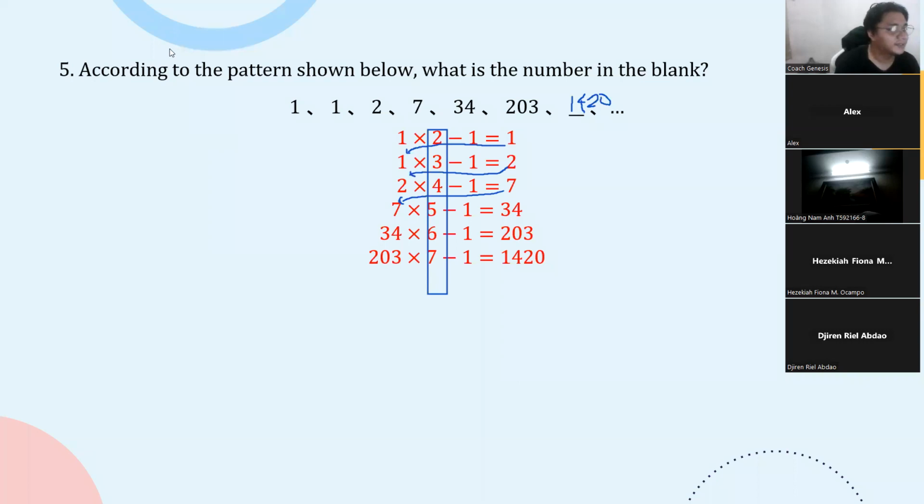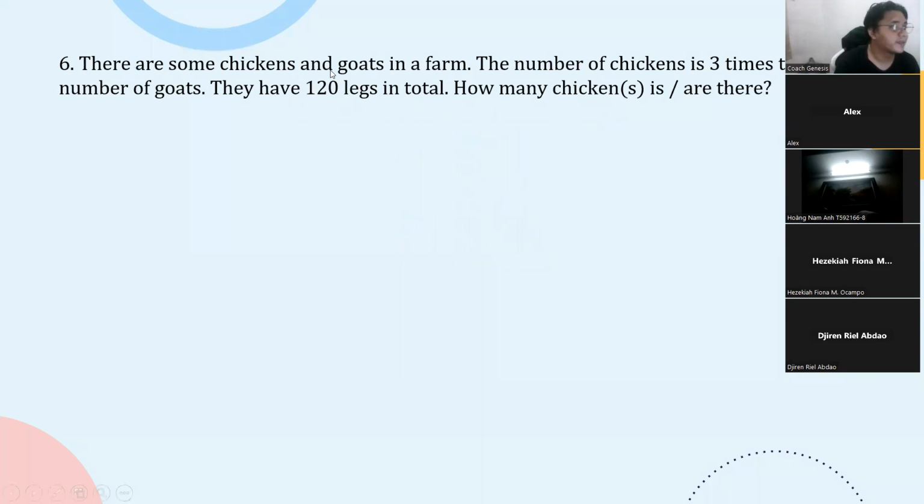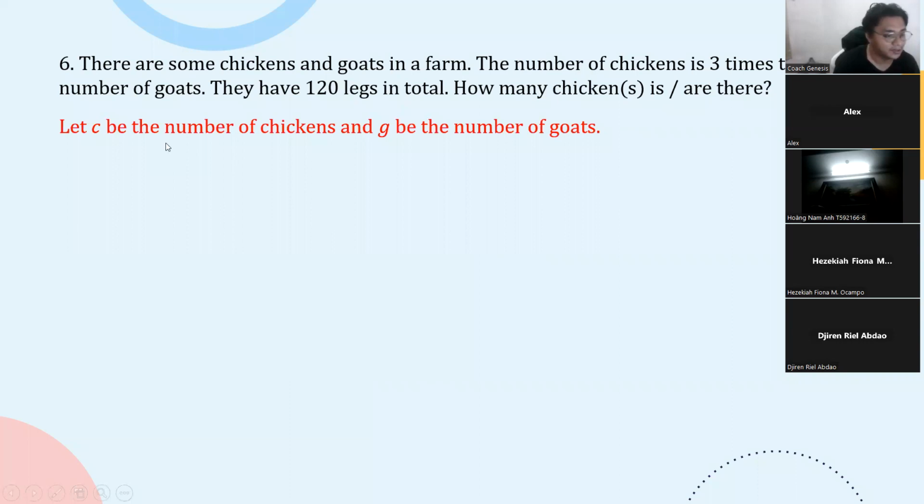Okay. And for number 6, there are some chickens and goats in a farm. The number of chickens is 3 times the number of goats. They have 120 legs in total. How many chickens are there? So let C be the number of chickens and G be the number of goats.